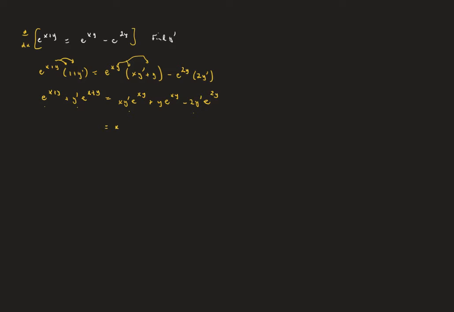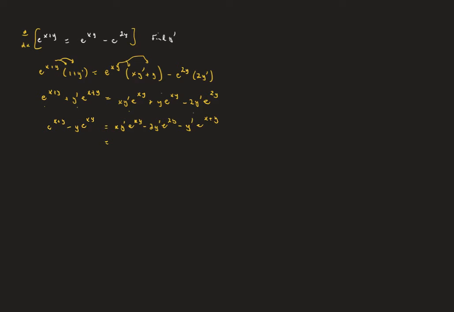So it looks like we have an x y prime e to the xy, minus 2y prime e to the 2y, and then minus the y prime e to the x plus y that we moved over. On the left side, we're leaving that e to the x plus y, and we're going to move over to join that the term that doesn't have y prime on the right side, so that'll be a minus y e to the xy.